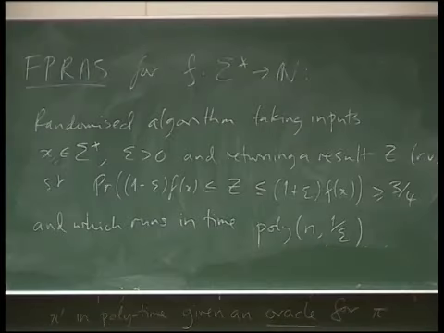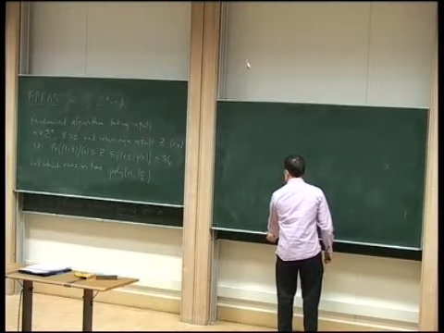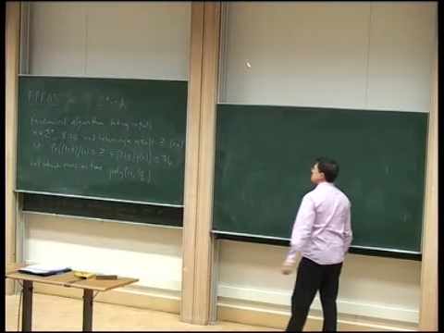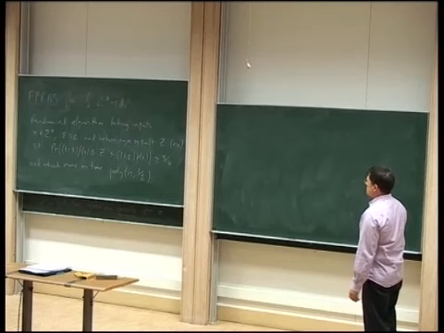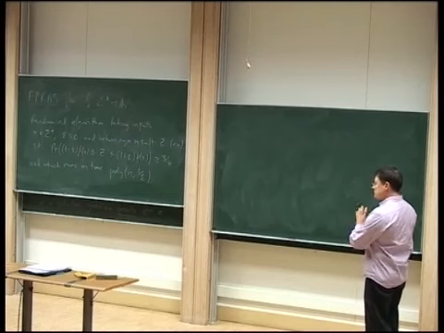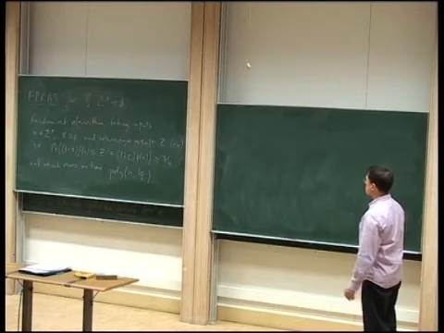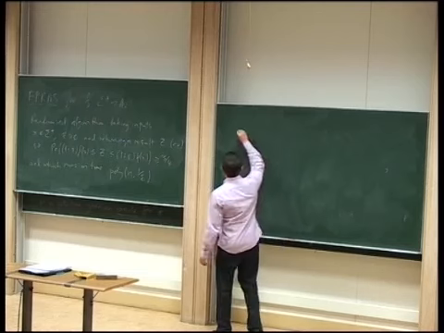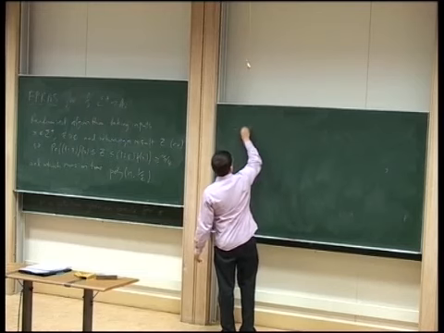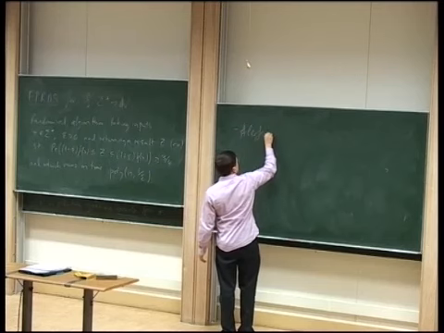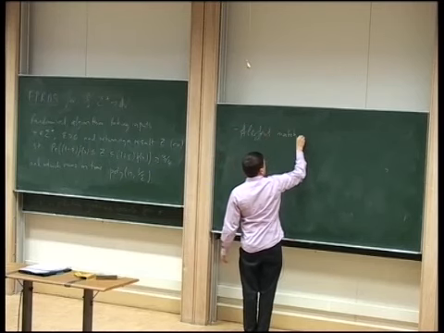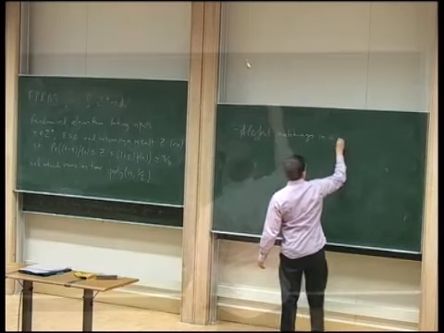So we have FPRASes for interesting situations like the Ising model, perfect matchings in bipartite graphs, and linear extensions of a partial order. But there are many problems where we don't know approximation algorithms. Just to give you one which is uppermost in my mind at the moment: the number of perfect matchings in a general graph.